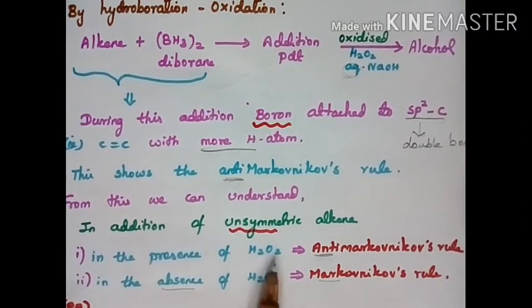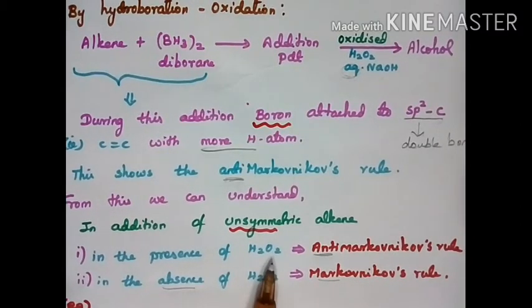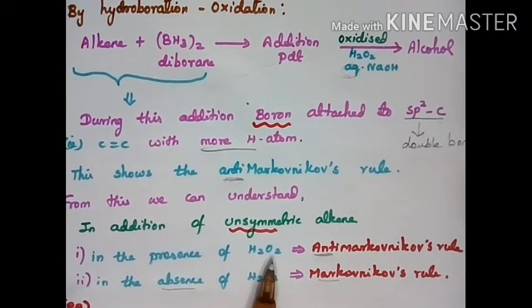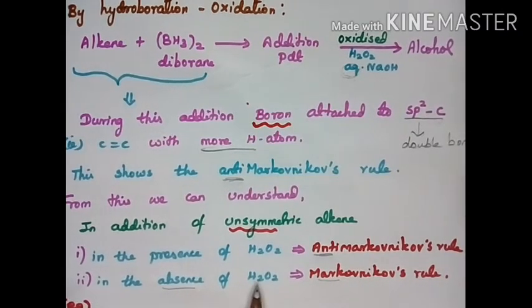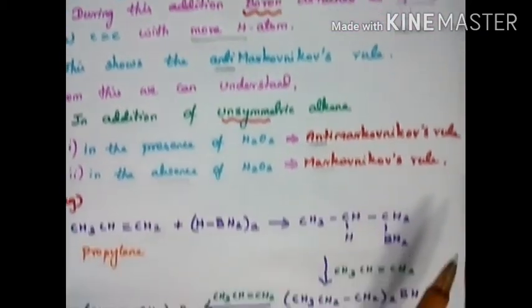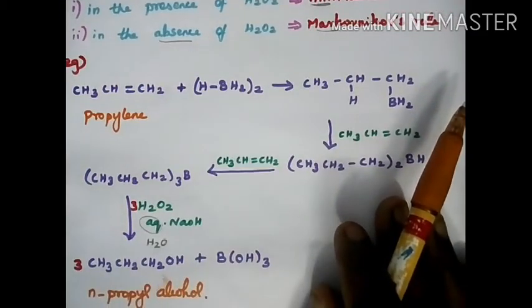So first you have to note whether the hydrogen peroxide is there or not. If the hydrogen peroxide is there in the reagent, then the reaction follows the anti-Markovnikov rule. In the absence of H2O2, it forms the Markovnikov product.